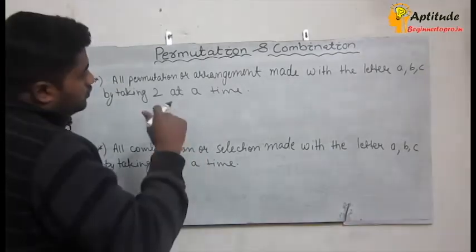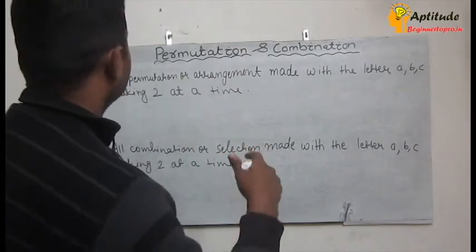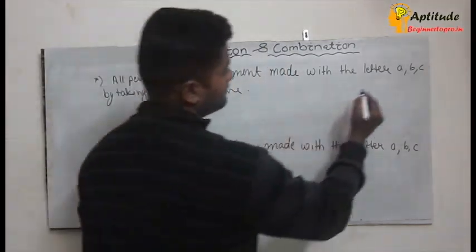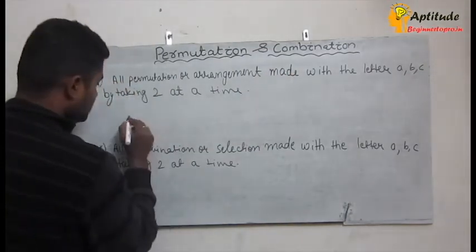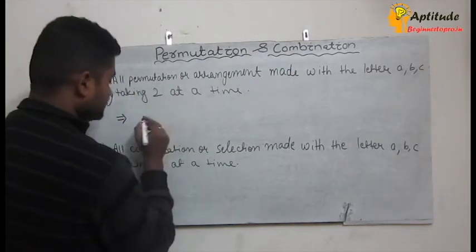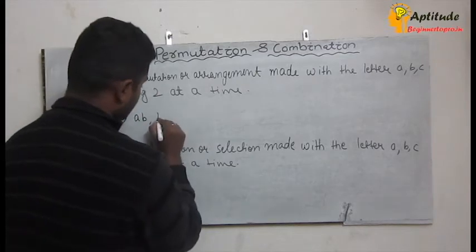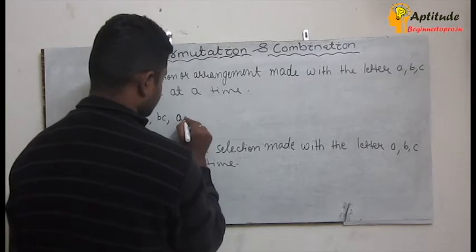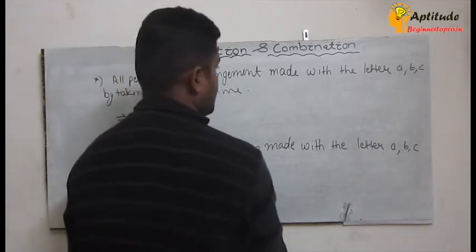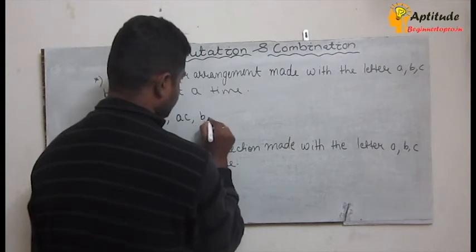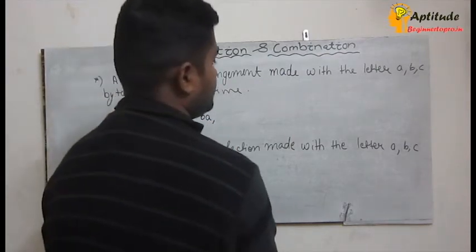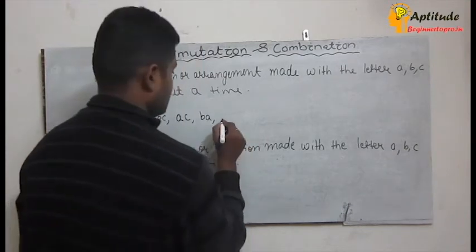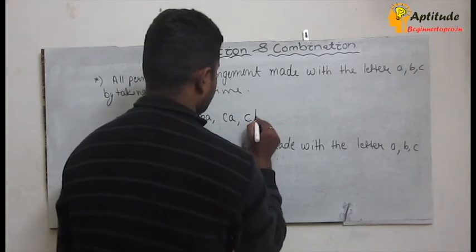So what are those possible arrangements? The possible permutations are AB, AC, BA, BC, CA, CB.